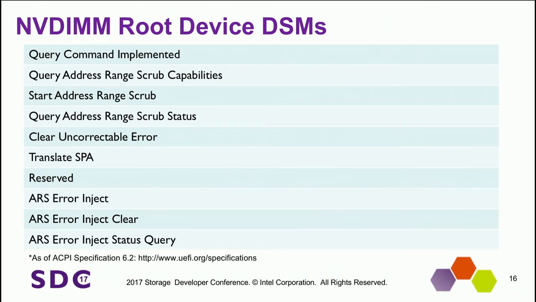So we have functions to query the capabilities of the address range scrub to see if it's supported and its system-wide attributes. We have capability to determine if an address range scrub is in progress and to start a new one if it's not. And also to clear uncorrectable errors and test the flows using injection.